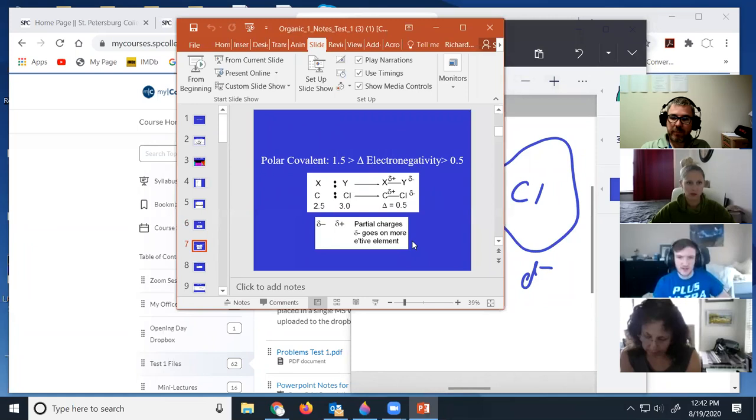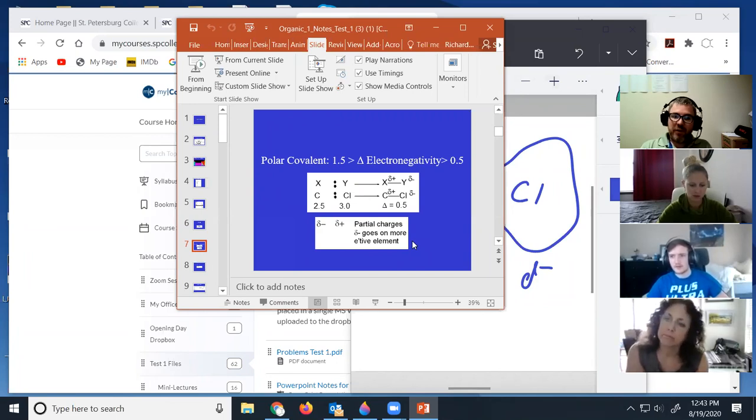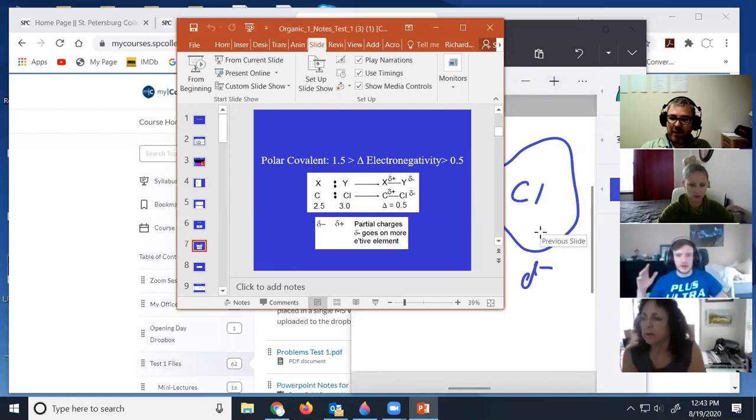That's just a representation of the amount of time it spends around the particular atom, right? I wouldn't say time. I'd say it's just where the electrons are pulled towards. Sure. Let me reword. Like it will circle the chlorine more than it will circle the carbon. We can say that.